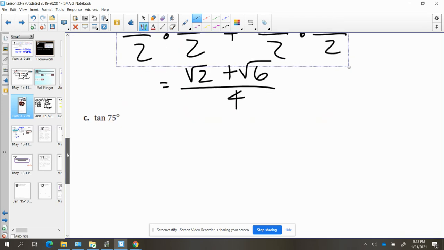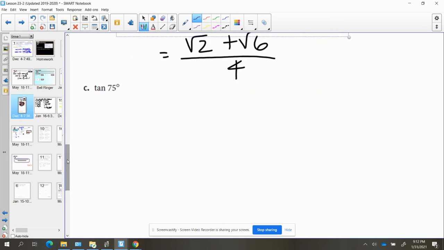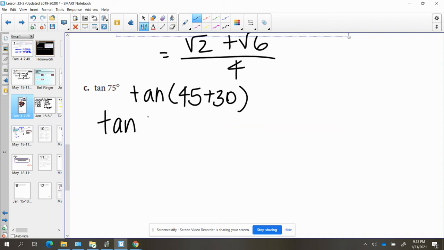Okay. Finally, we have the tangents, and the tangents can get a little ugly because of the simplifying. Now, to get 75 degrees using values from our unit circle, we can say 45 plus 30, right? And tangent is a little bit more complicated because it's tangent alpha and then same sign as what's inside of here.